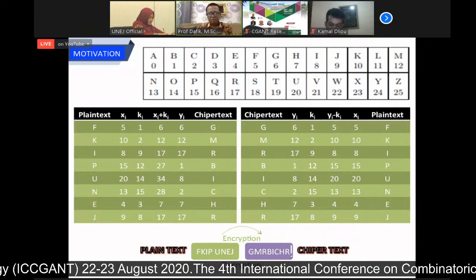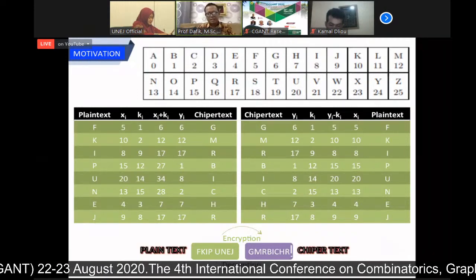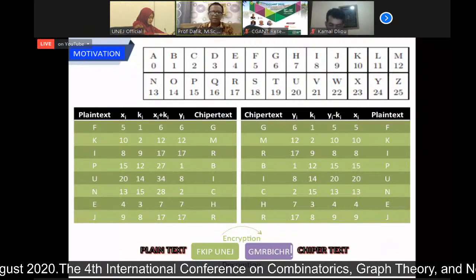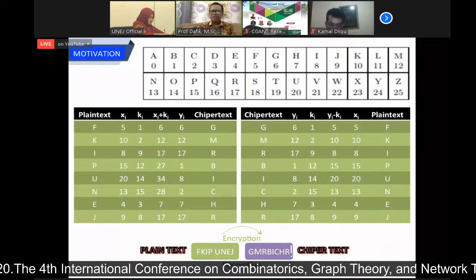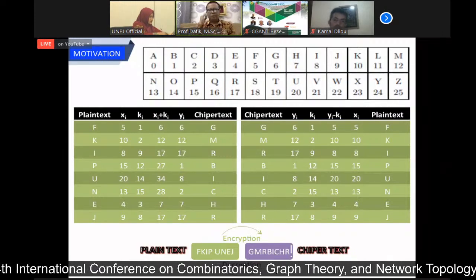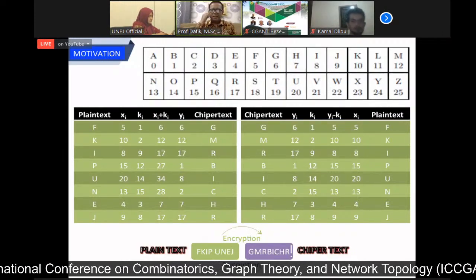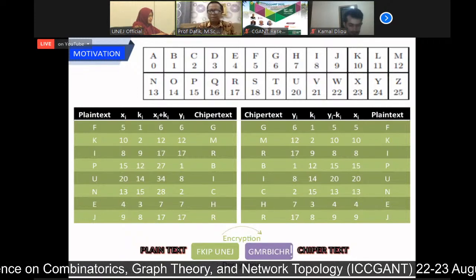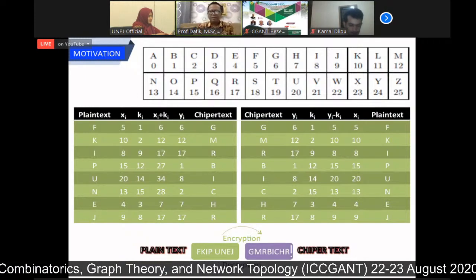We can read that ciphertext again, because it is transformed back into plaintext. So this is the motivation. There are a lot of applications, from conventional ones to those already mentioned by Prof. Slamin, and now we have this kind of thing.